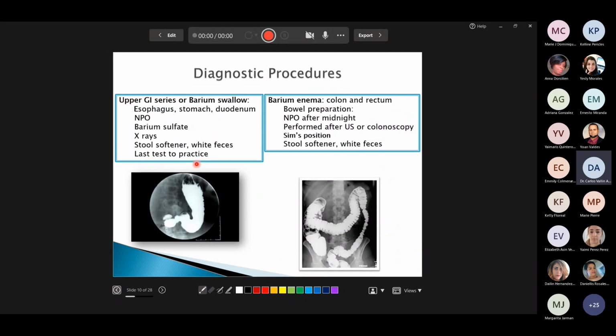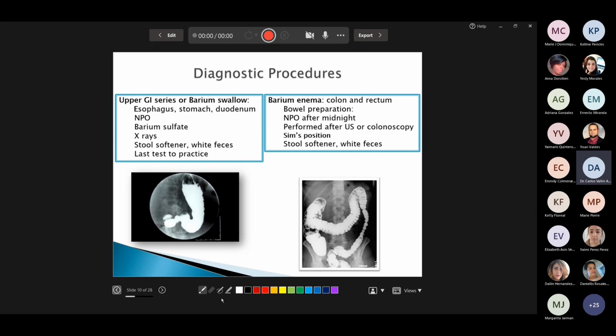For the GI testing, you need to know, because they are frequently examined, upper GI series, also called barium swallow. Students have told me that some of them have this as upper GI series, and the majority have the question of this test as a barium swallow.